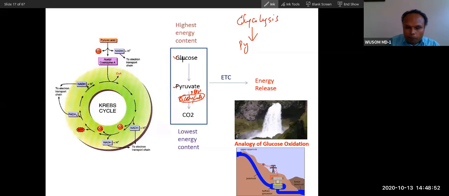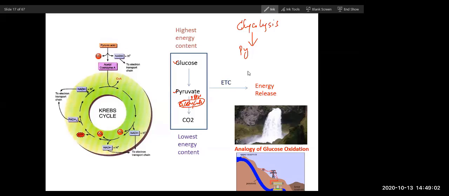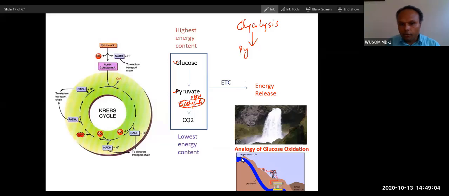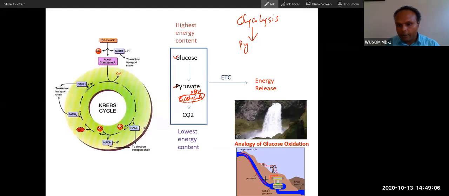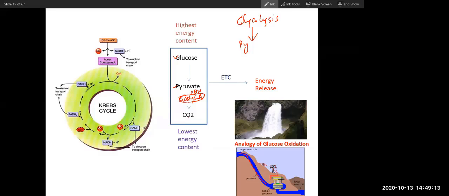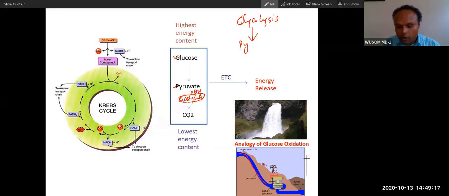So can we compare this metabolic pathway to the flow of a river? Yes, because in the flow of a river, the flow will rotate the turbine, like a wheel, in a dam. So it will release electrical energy.